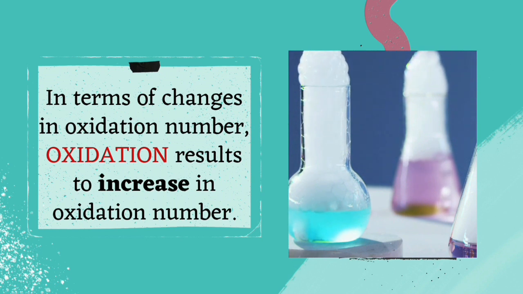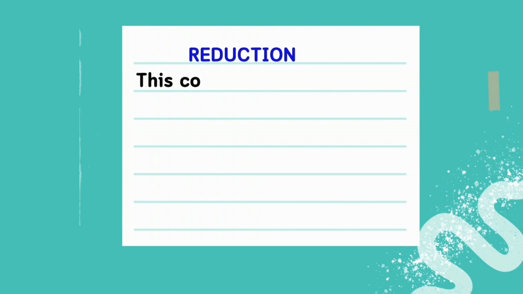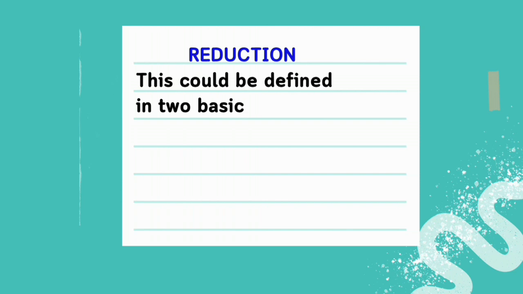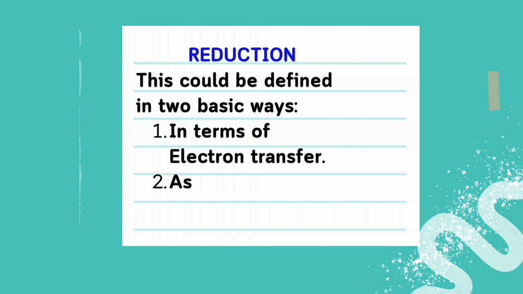Now, what is reduction specifically? Reduction, we could hypothetically guess that it is the opposite of oxidation. These two could be defined in two basic ways: in terms of electron transfer and as a result of changes in oxidation number. In terms of electron transfer, then you can guess it.